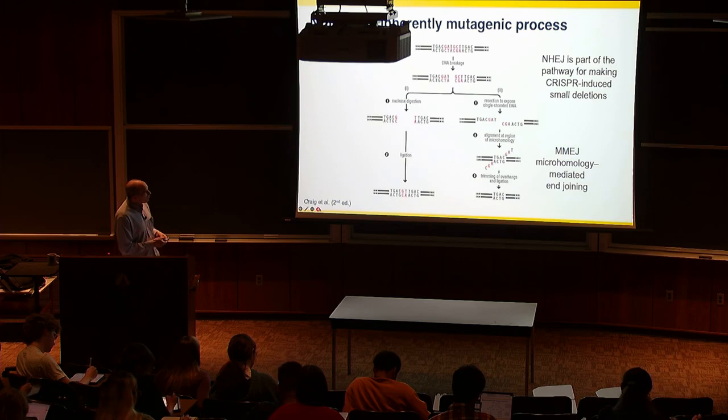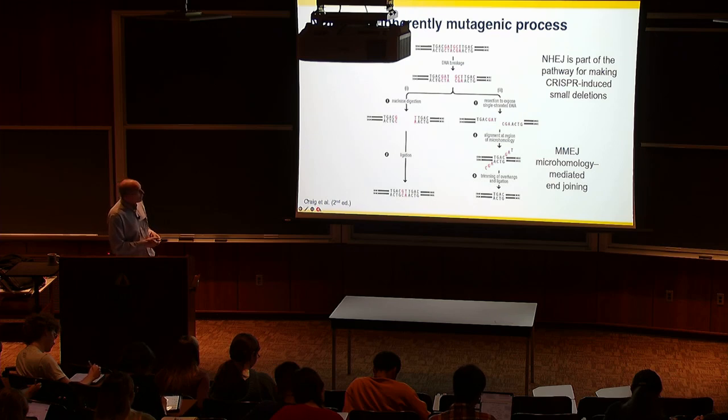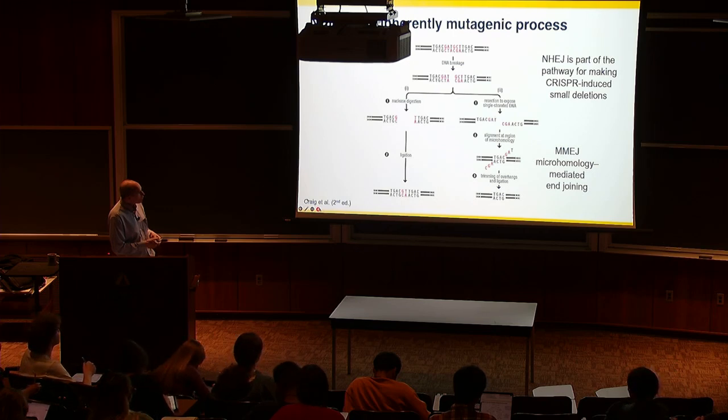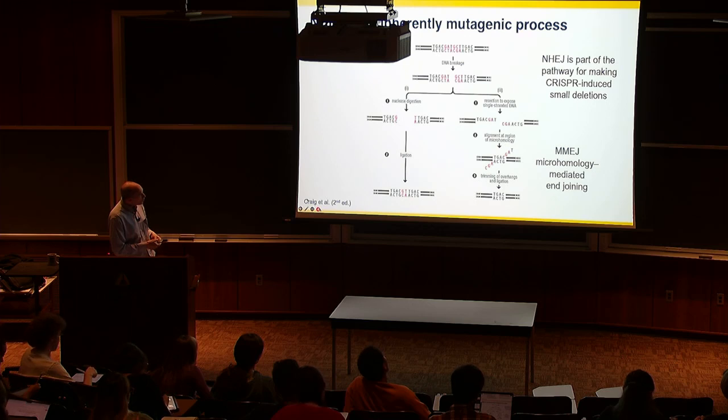Another way this can happen is there can be degradation of one of the 2 strands because there are single-stranded nucleases around. If that happens, it's sort of a random event, but if the overhang happens to have homology, you can see the TGAC on the upper strand can pair with the ACTG on the lower strand, as shown here, with some single strands hanging out in the breeze.